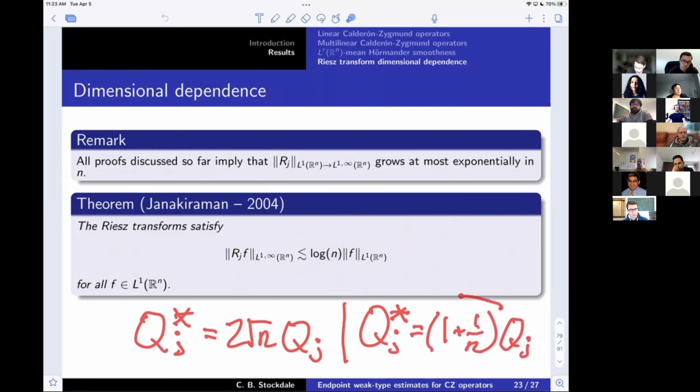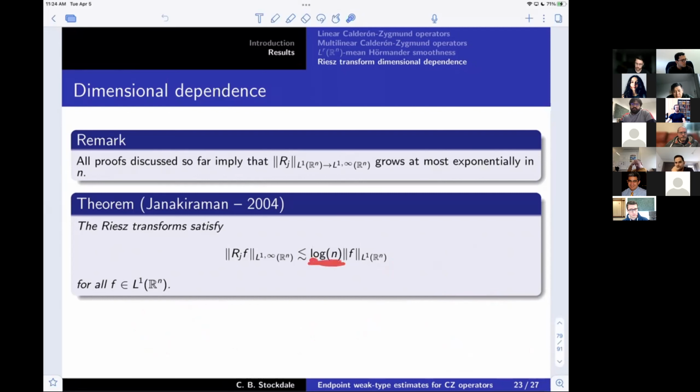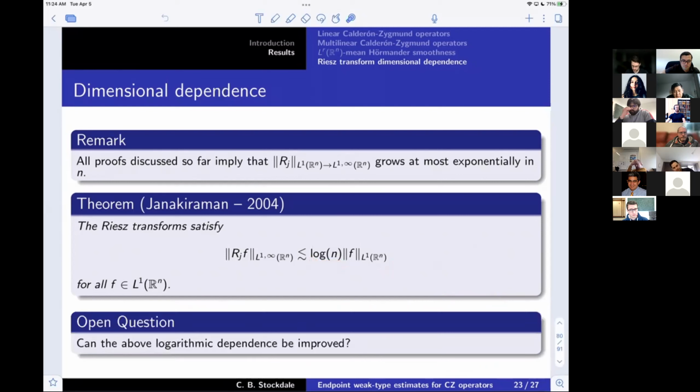Because when you raise this quantity to the nth power, you get 1 plus 1 over n to the n, which is controlled above by the constant e, right? So when you do the doubling, you don't get exponential dependence, you actually get constant dependence. They pick up the log n in the smoothness condition, in a computation that involves estimating the Hörmander smoothness condition that picks up a log n.